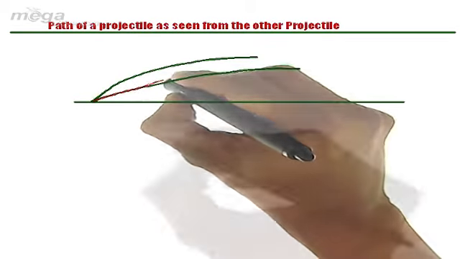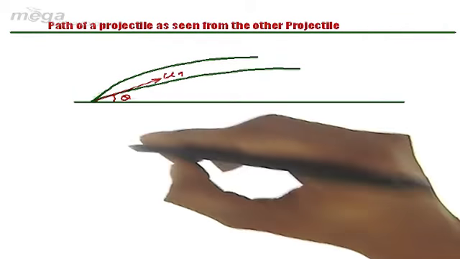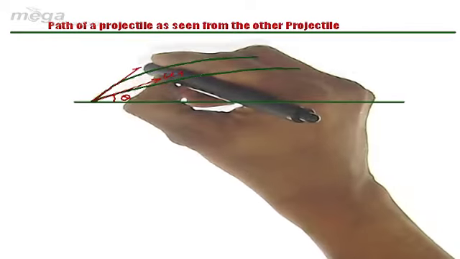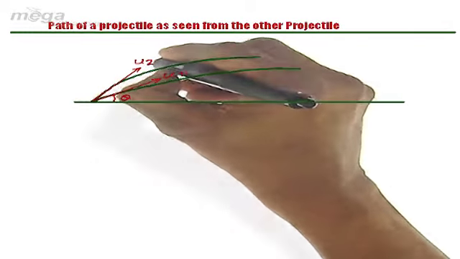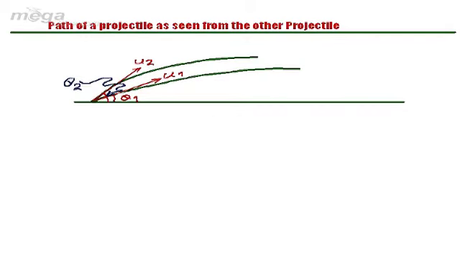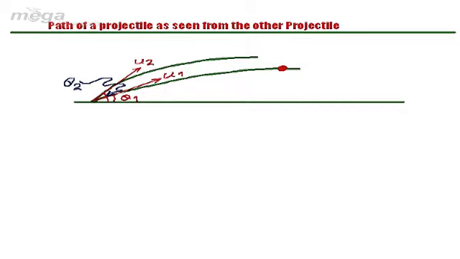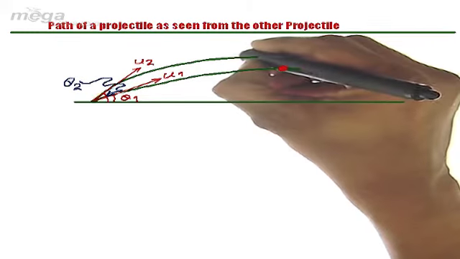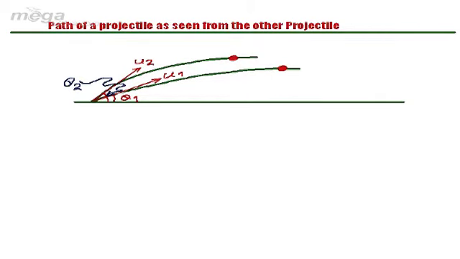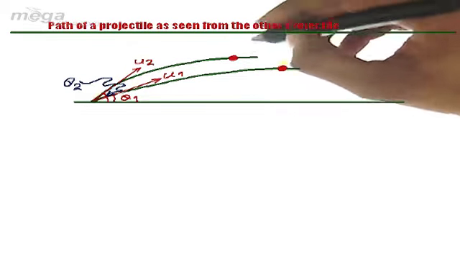The first one with velocity u1 at angle theta 1, and the other projectile is thrown with velocity u2 at some other angle theta 2. Say at any instant projectile 1 is at this place and projectile 2 is at this place. Now projectile 1 is seeing projectile 2.